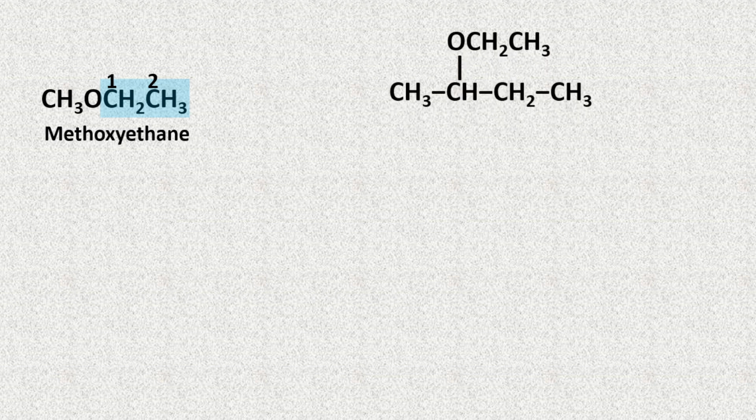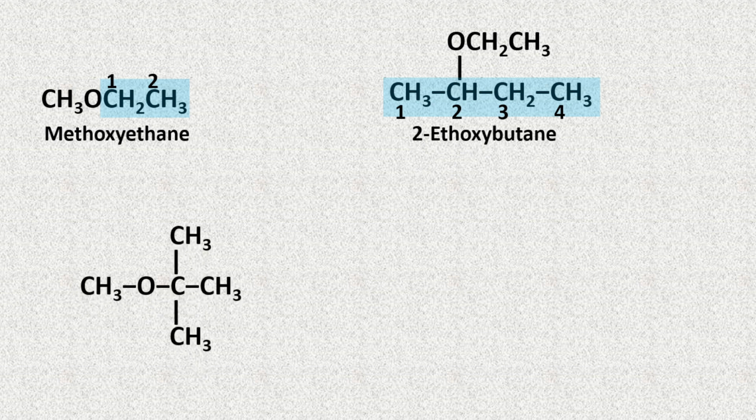In this compound, first we select the longest possible carbon chain. There are 4 carbons, so it is butane. Now the ethoxy group is attached to butane through carbon number 2, so its IUPAC name is 2-ethoxybutane.